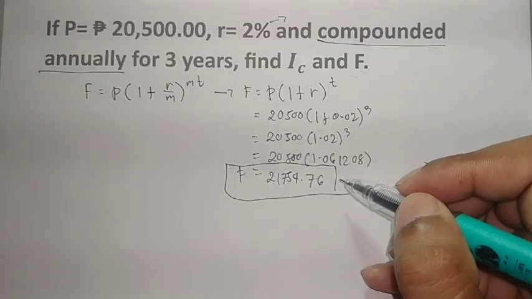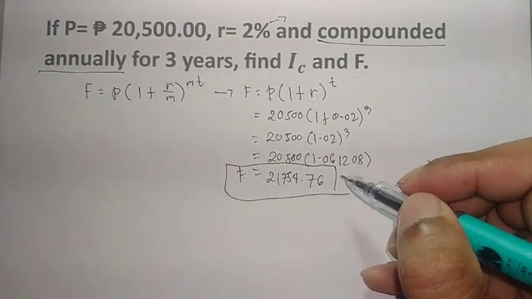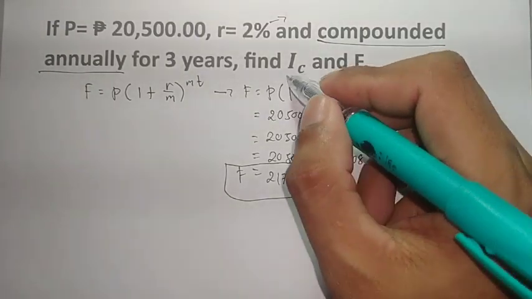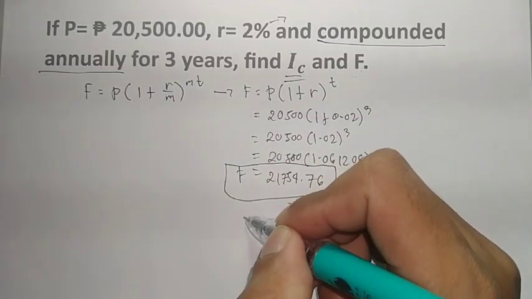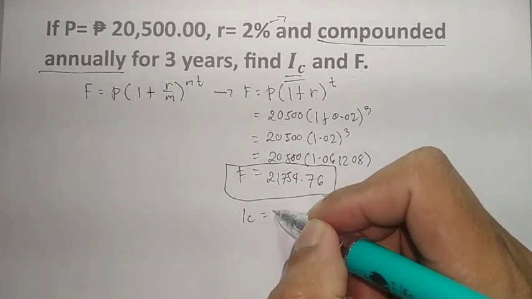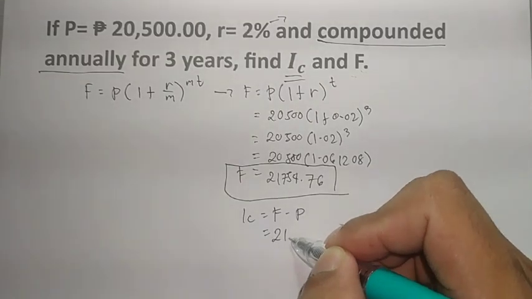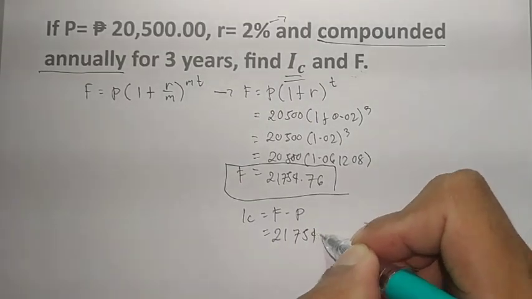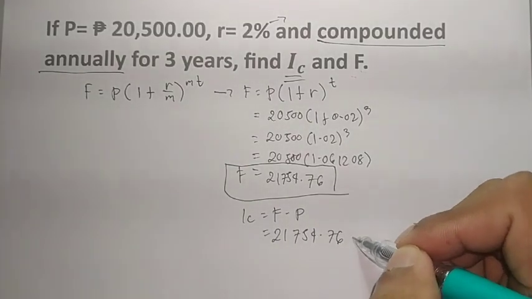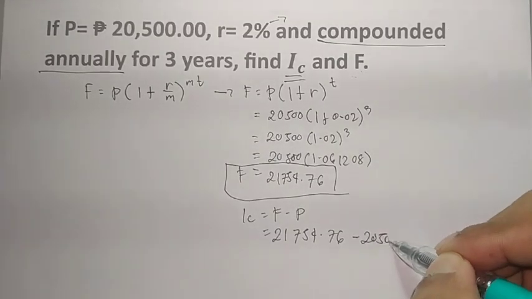And after finding the future value, we can now find the compound interest. No? So I sub C is equal to F minus P, where F is 21,754.76 minus 20,500.